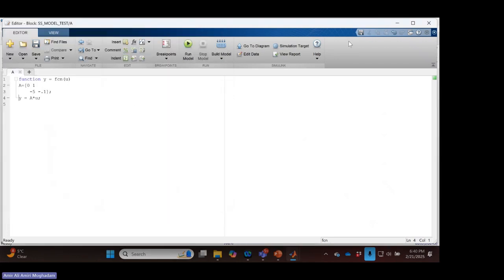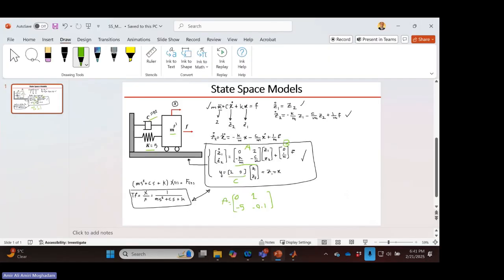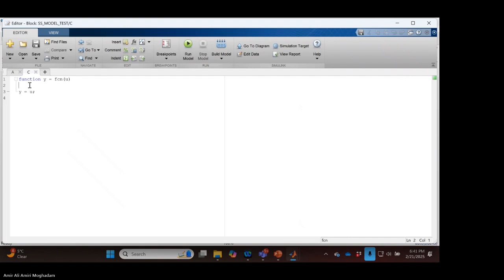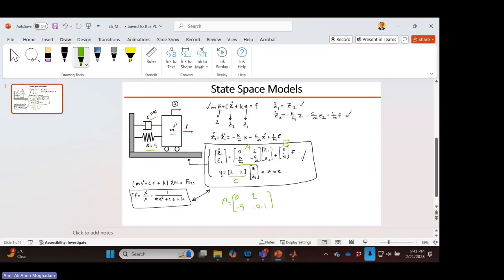Okay. Now let me define matrix C. We get back here, C is just 1 and 0. So I'm gonna define C as a row matrix, and then the output is C times Y. Now matrix B, if you take a look here, is 1, 0 and 1 over M. So essentially 1 over M is just going to be 1 in this case because M is 1.